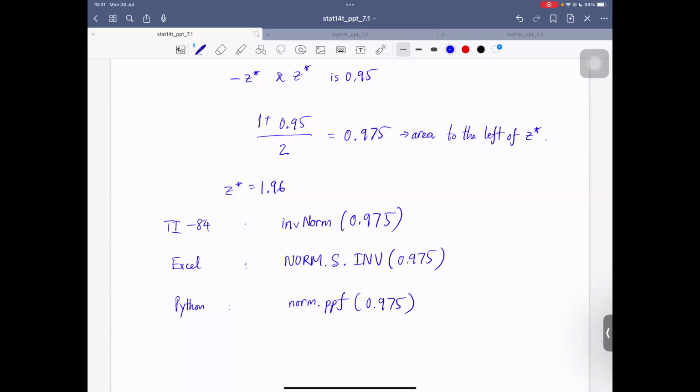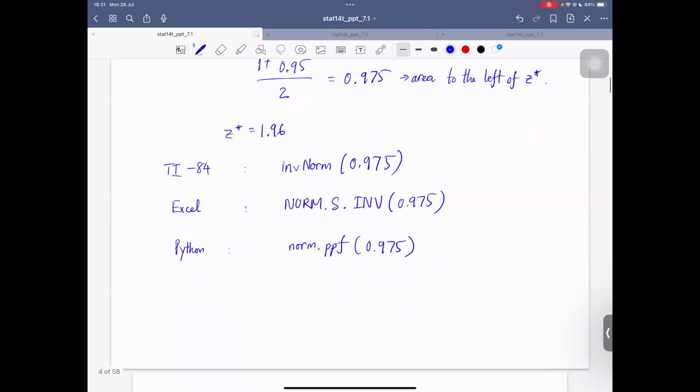Okay, so the next step, step number 4, we need to calculate the margin of error, or ME. The formula for the margin of error equals z star times the standard error.